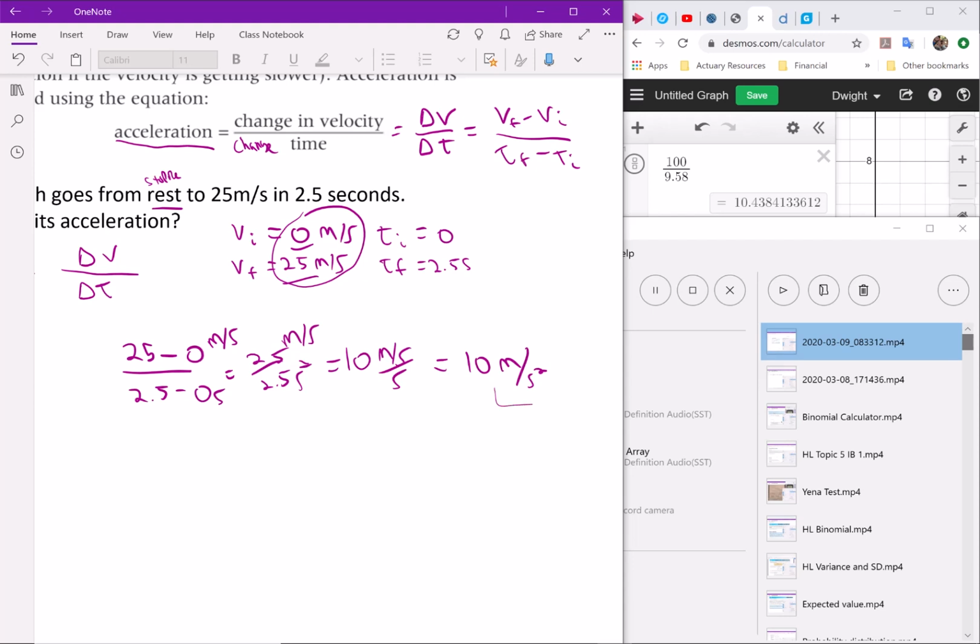And that's an important thing for you to understand, that acceleration is always measured in meters per second squared, or maybe not meters, it might be kilometers, whatever, but the time unit is always squared, because you're trying to figure out how much did the velocity change every second, right? A rate per time.